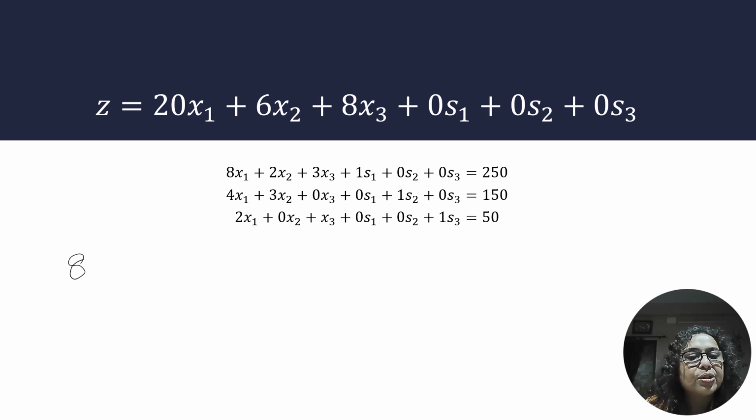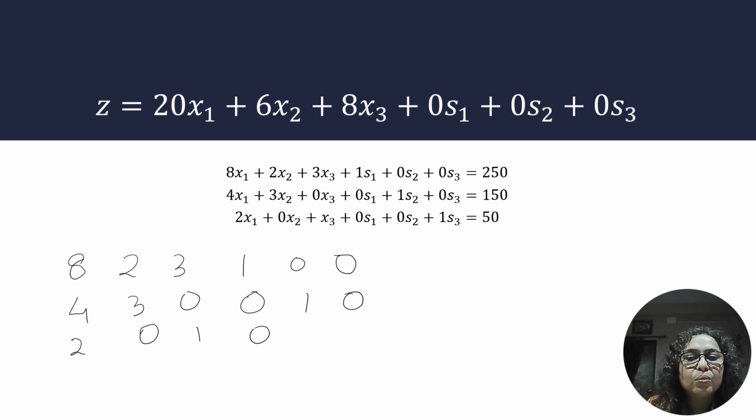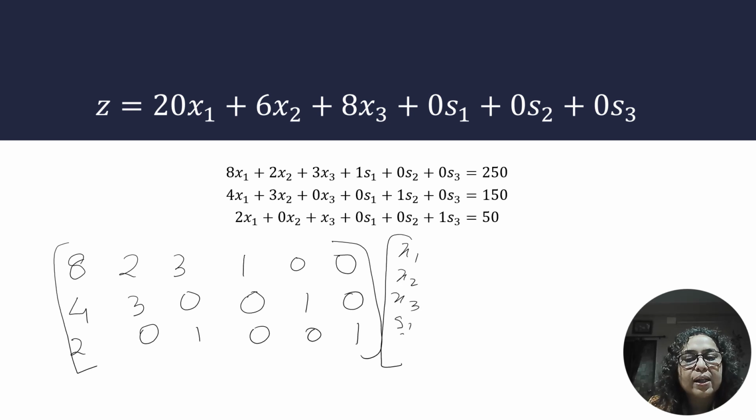This was actually 8, 2, 3, 1, 0, 0, and 4, 3, 0, 0, 1, 0, and 2, 0, 1, 0, 0, 1, and we had initially six variables, that is x1, x2, x3, S1, S2, S3, equal to 250, 150, and 50.